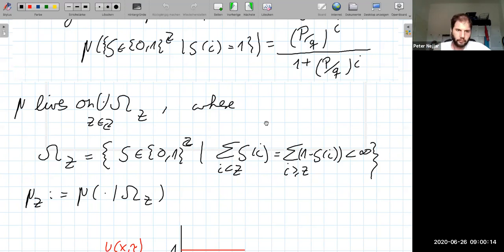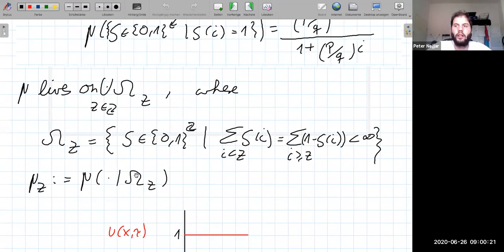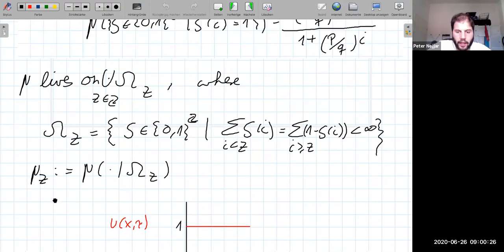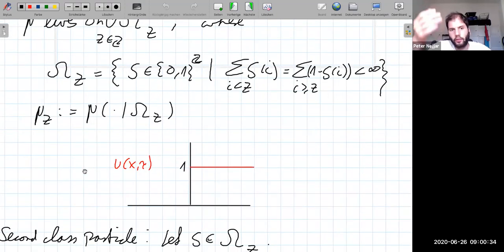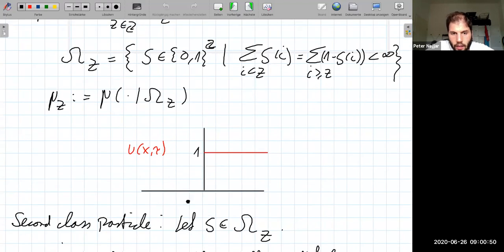Then we call mu z the product blocking measure conditioned to live on omega z, and these mu z's are again invariant measures for ASEP. The hydrodynamic profile of these blocking measures is relatively trivial: for all macroscopic times tau, the density is just 1 to the right of the origin. Okay, there's nothing special going on here.